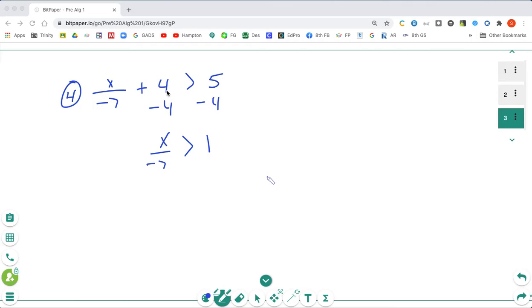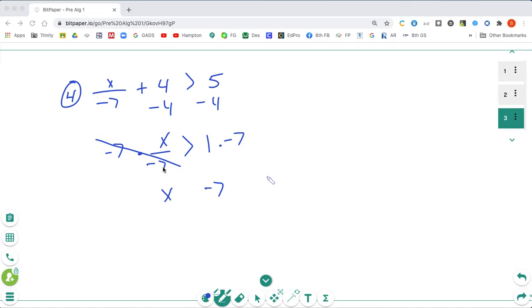So now what I'm going to do is ask myself, what math operation is this? The math operation is division. I'm dividing by -7, so the opposite is multiplying by -7. So these are going to cancel out, and I'm going to have x is greater than -7.